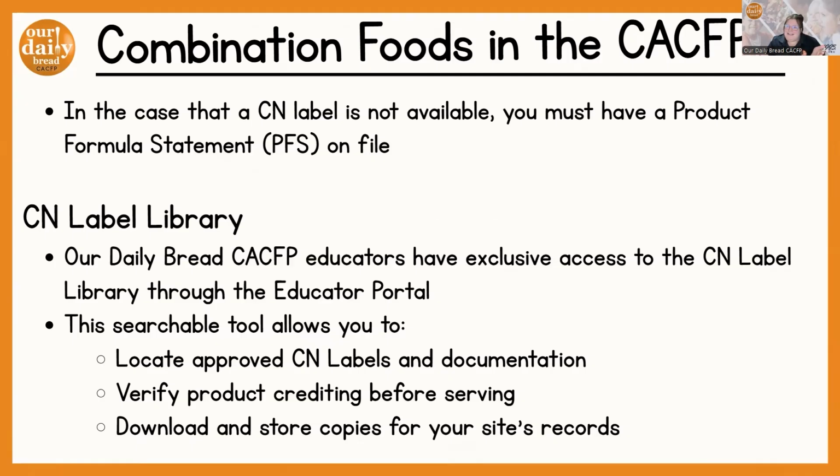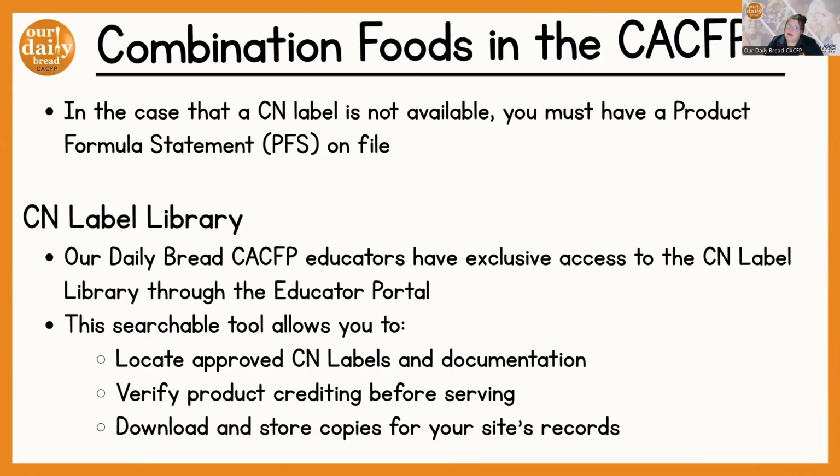The great thing is, if you need one, you can go to our educator portal and we have a very extensive CN label library on there. So you'll have access to everything that we have. This allows you to find one, so you can search pizza, or you can search chicken nuggets, or you can search by brand, and it's going to tell you exactly if it's creditable or not.